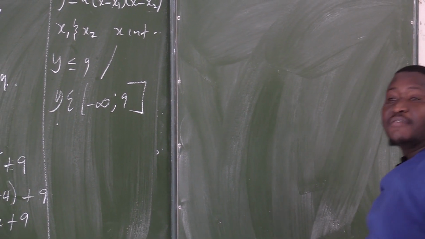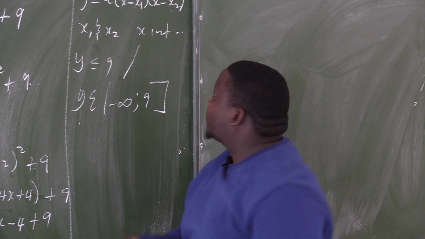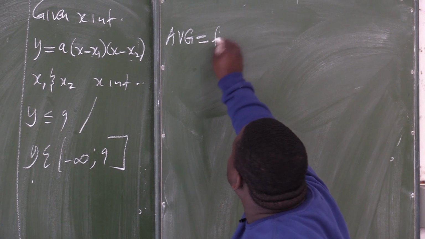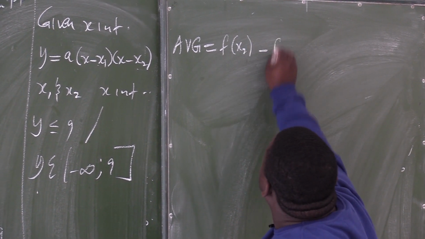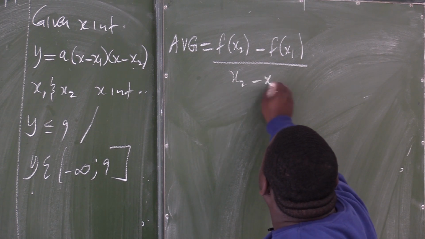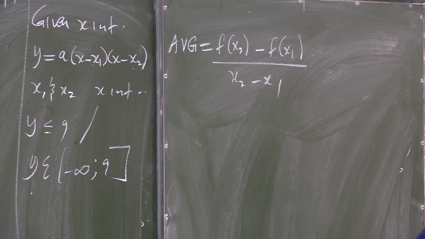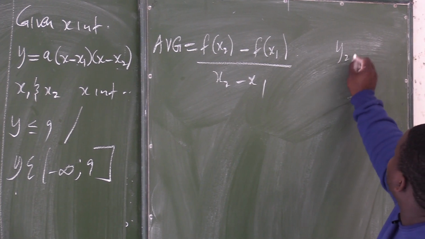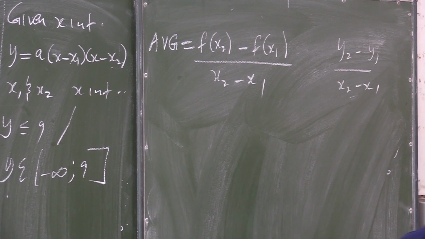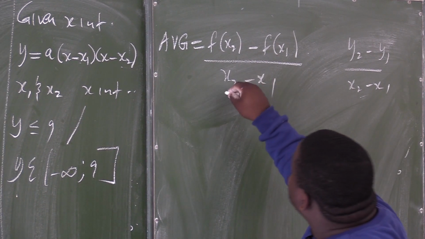The formula for finding the average gradient is the same formula for the gradient, but we normally say the average gradient is f at x2 minus f at x1 over x2 minus x1. Maybe the formula y2 minus y1 over x2 minus x1.